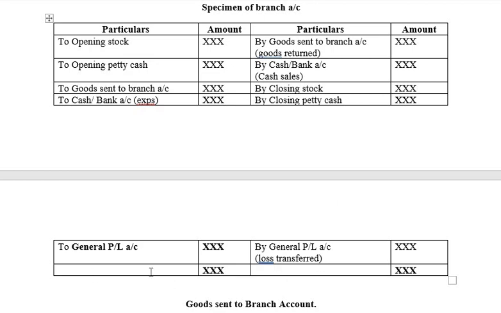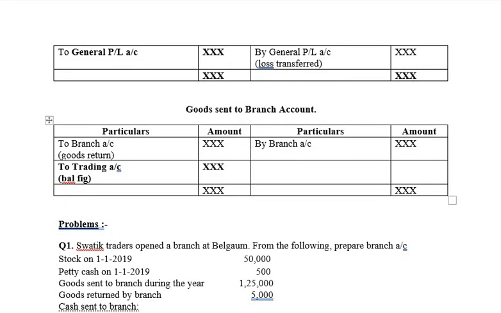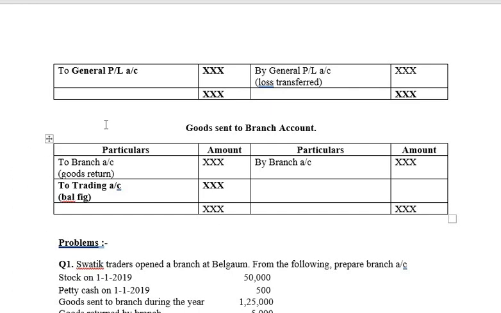The balance will be profit or loss. If it is profit it goes to the debit side, if it is loss it goes to the credit side. Clear? Next is the goods sent to branch account. Now this is a specimen of goods sent to branch account.